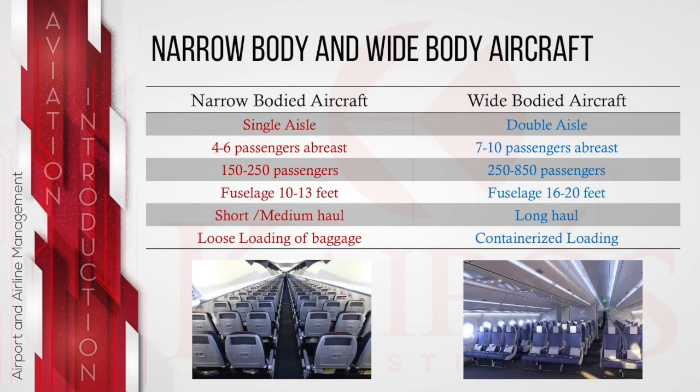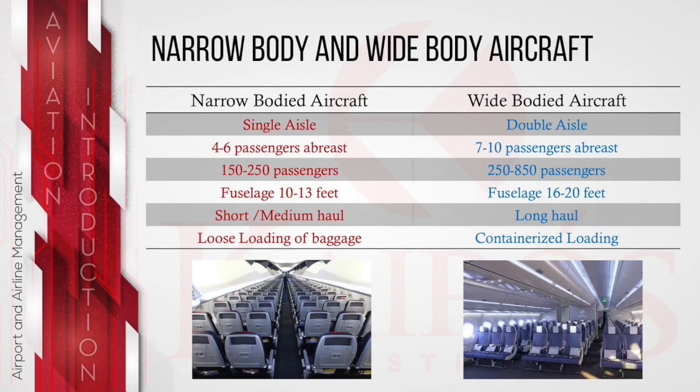On narrow-bodied aircraft, we have 4 to 6 passengers abreast, whereas on a wide-bodied aircraft, we can have 7 to 10 passengers abreast. A narrow-bodied aircraft can carry 150 to a maximum of 250 passengers. In a wide-bodied aircraft, the passengers can go up to a maximum of 850 seats.